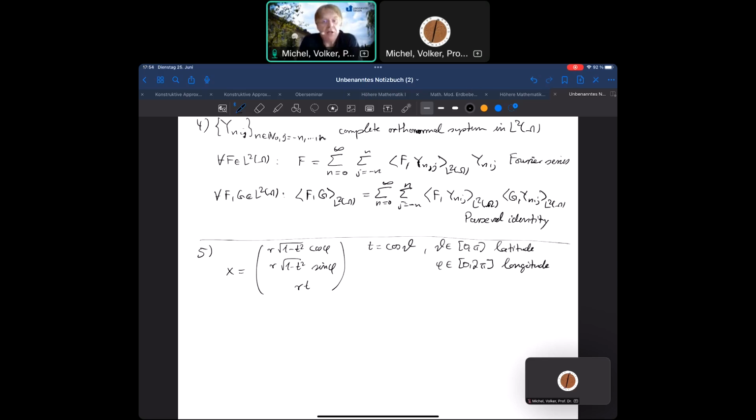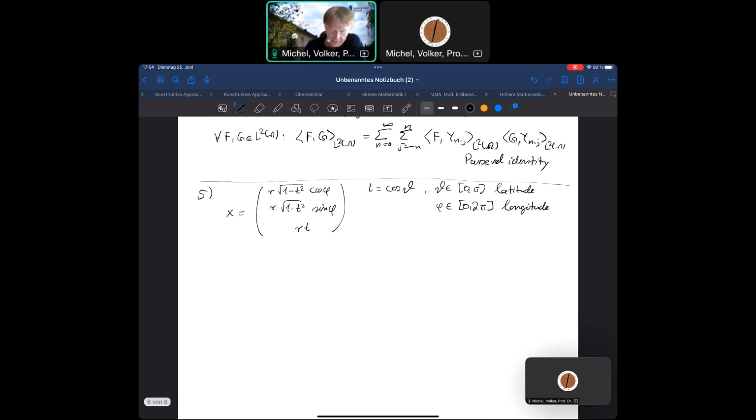Now, there are some variations. Some people represent t by sine theta, where theta is between minus pi over 2 and plus pi over 2, and phi could also be between minus pi and pi. More about this in my video about polar coordinates. So I will use that system, and the transfer between the different systems is rather easy.